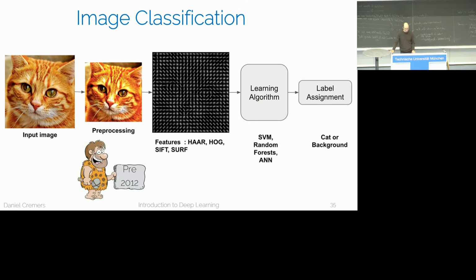The classical approaches, essentially inspired by Hubel and Wiesel, proceeded to recognize objects and process images in the following way. They tried to reproduce what these simple and complex cells do in the brain, and they developed feature descriptors that compute certain orientations in the image and tell you which edge orientation I see in this or that part.